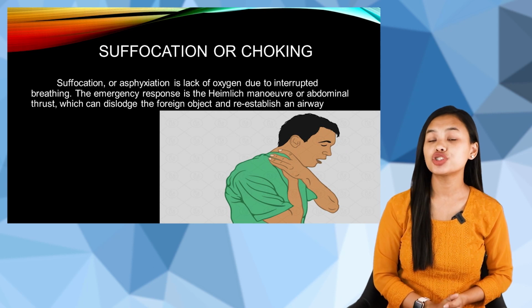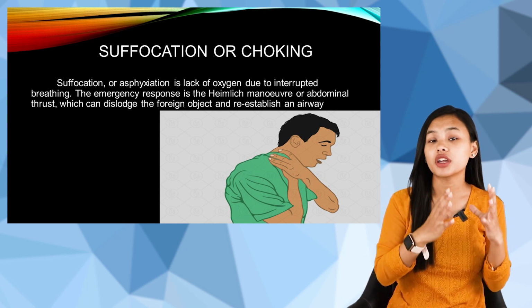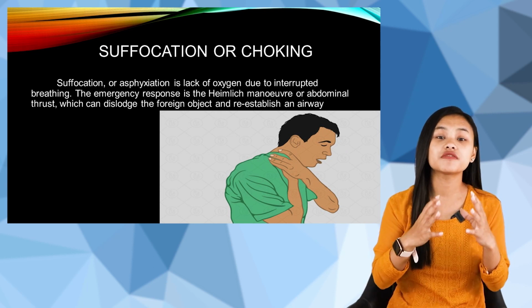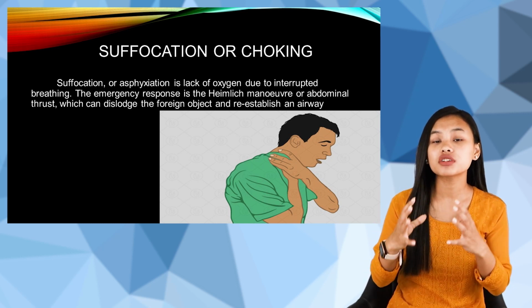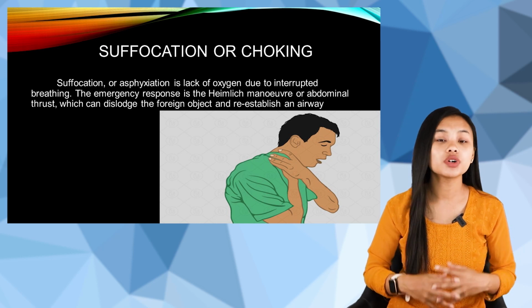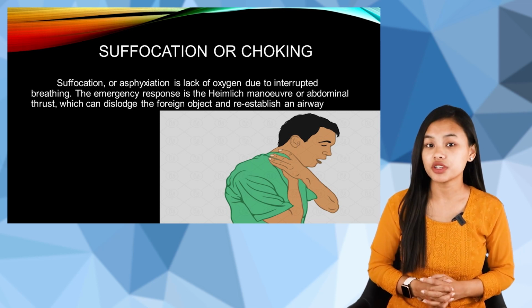Next is suffocation or choking. So this suffocation, also known as asphyxiation, is a condition where there will be lack of oxygen in the body of an individual due to interrupted breathing.